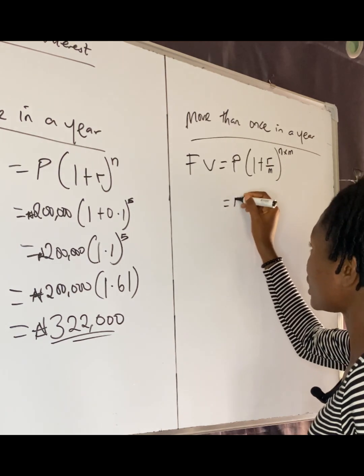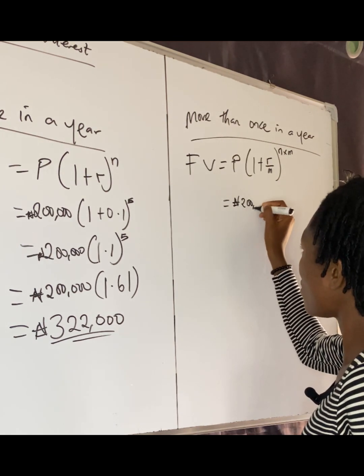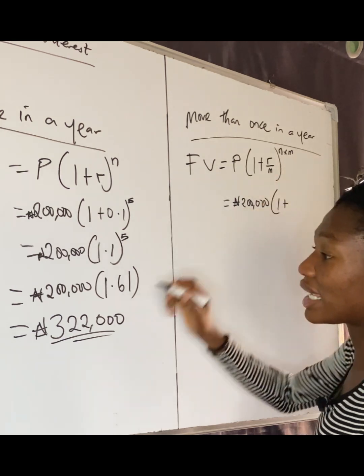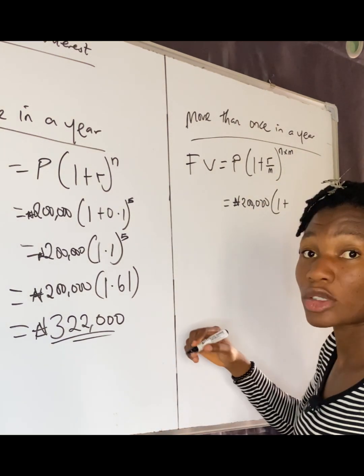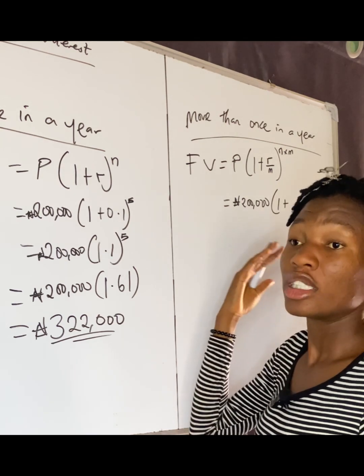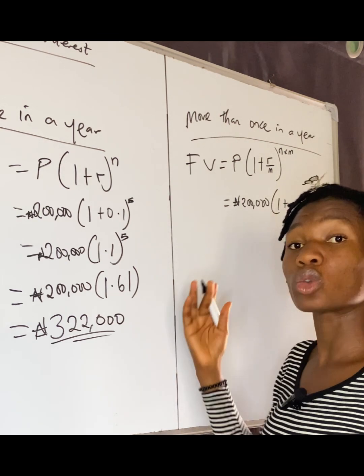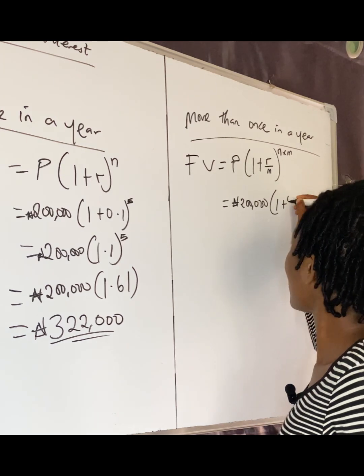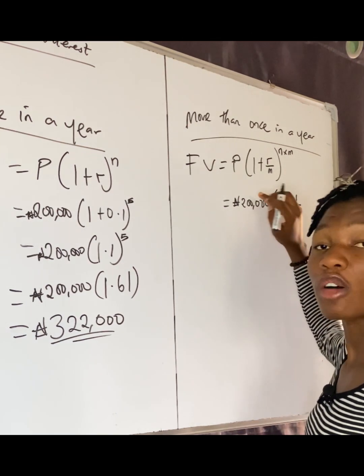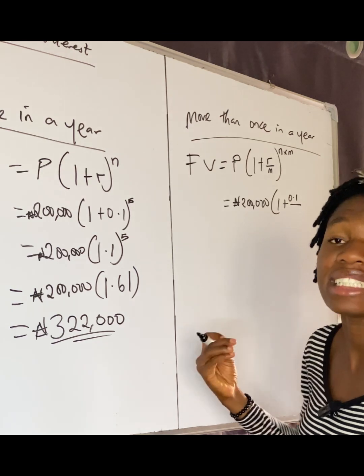Now our principal is still constant, and then we are having our 1 plus our r. Like I said, you convert from percentage to decimal. So 10% is going to be converted, 10 over 100, to give us 0.1. So our r is 0.1, and our m is the number of times that the interest is paid in that year.